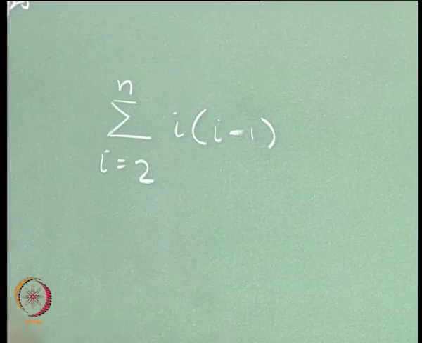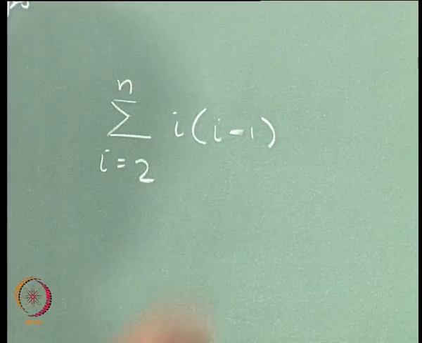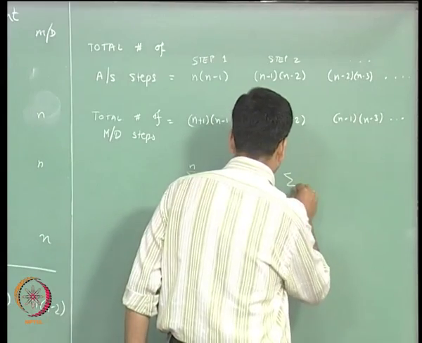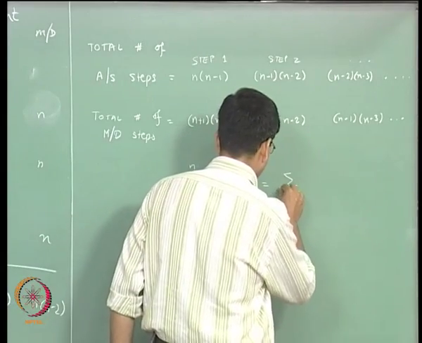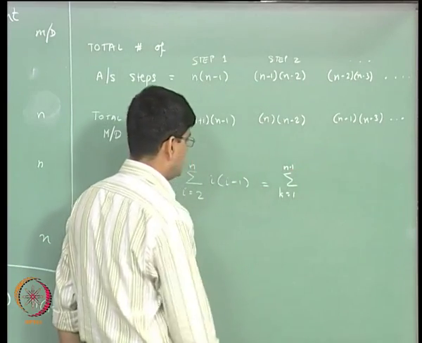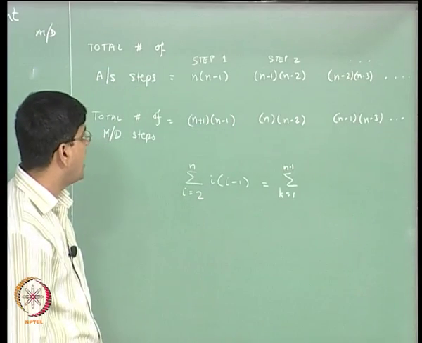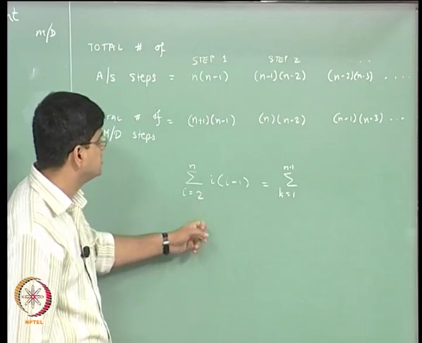And this we can write as summation, say k equal to 1 to n minus 1, where k is just I minus 1.